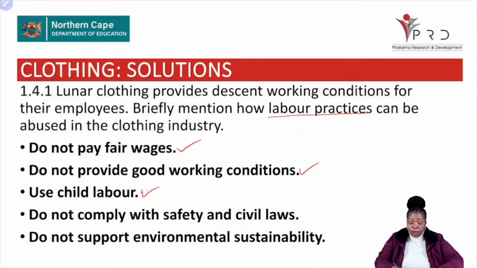And then if they do not comply with safety and civil laws. There are safety and civil laws for people working in different industries, institutions or departments. So they are supposed to comply with them. For example, people who work in very dusty areas need protective clothing.